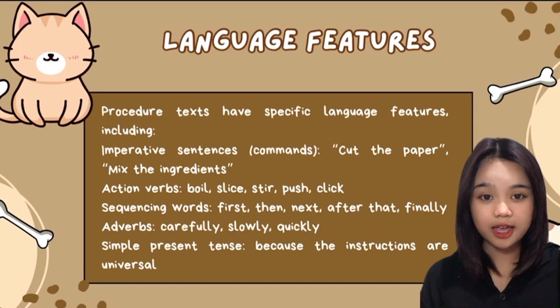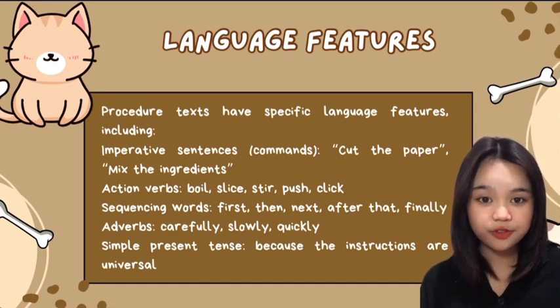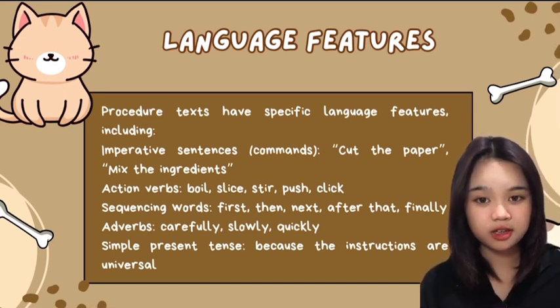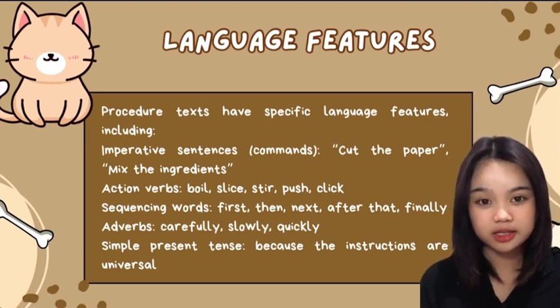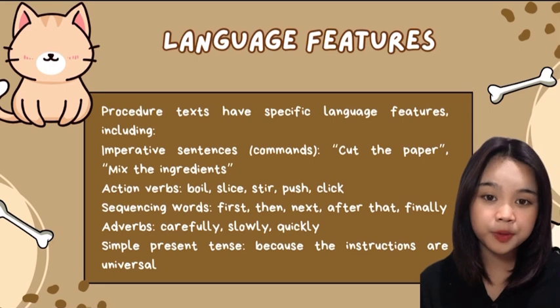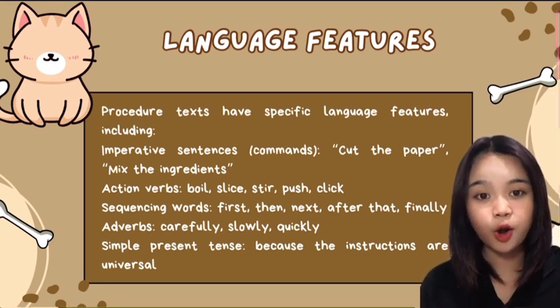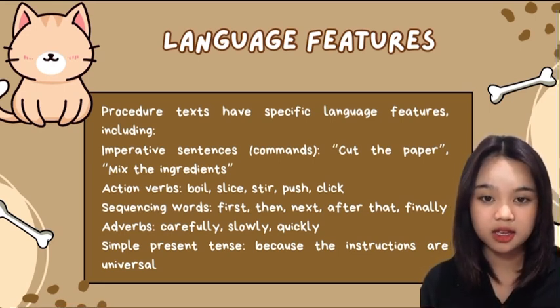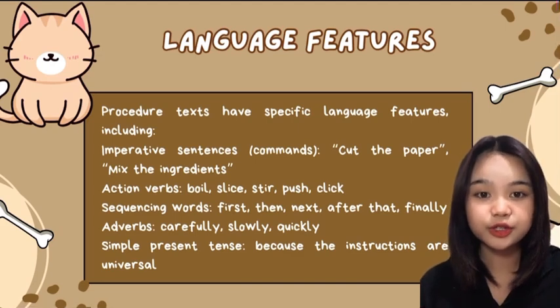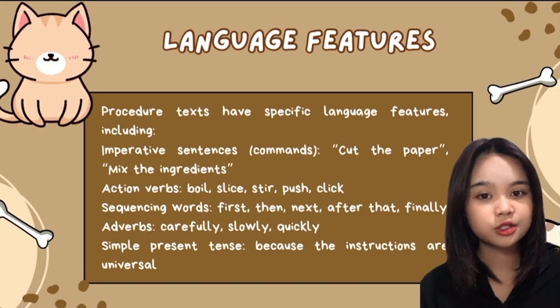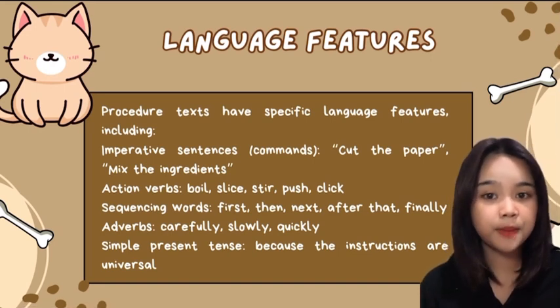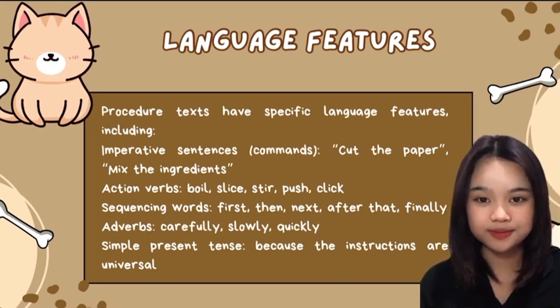A procedure text also has some specific language features. First, it uses imperative sentences, like cut the pepper or stir the soup. These are command sentences. Second, it uses action verbs, such as boil, mix, or press.